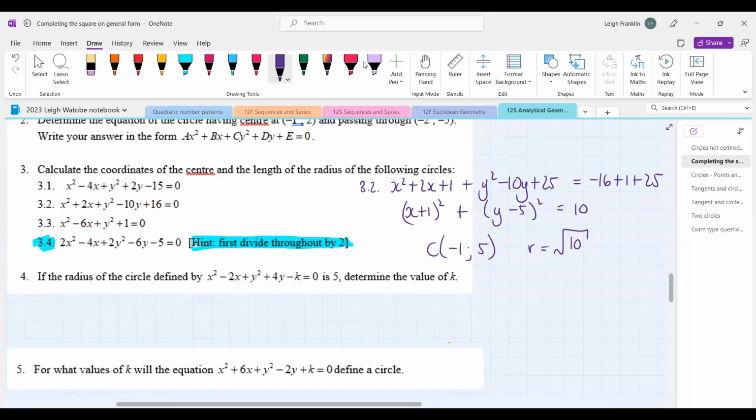Okay, any questions before Ledwina does question 3.4? Pinga, so ma'am, is it half of? So Pinga, it's always going to be half of the coefficient of x and the coefficient of y. So in the case of x, it was half of 2. In the case of y, it was half of -10.